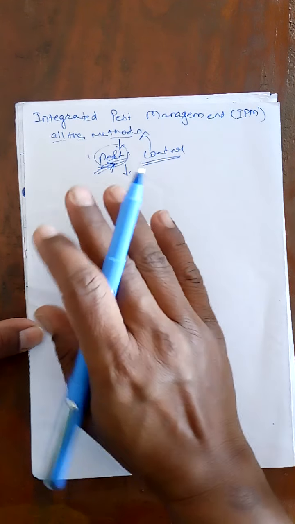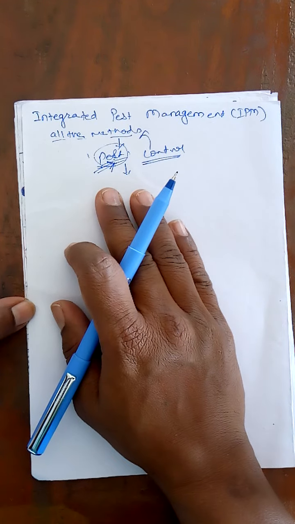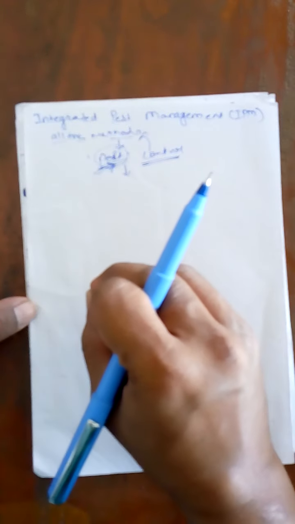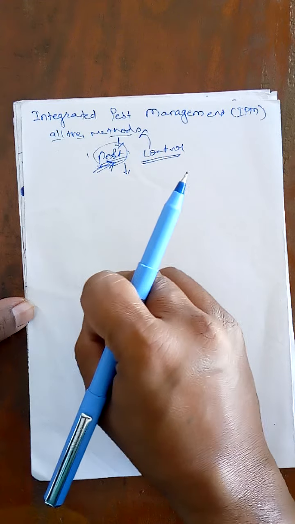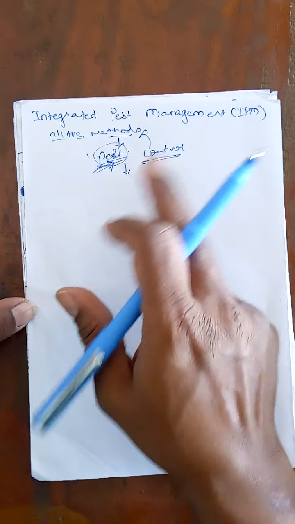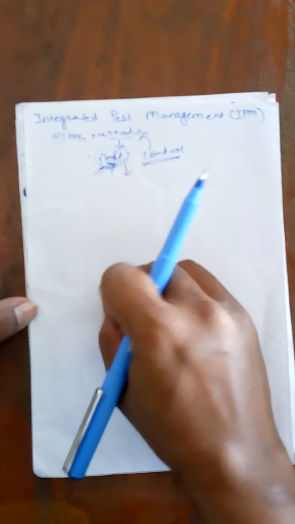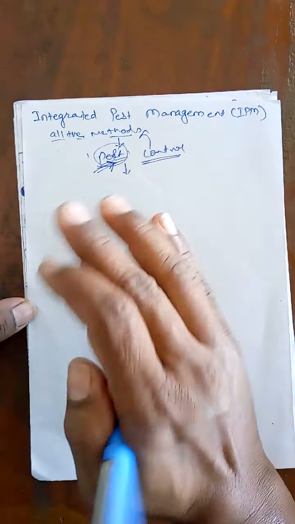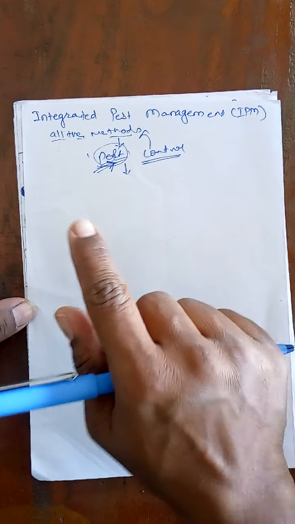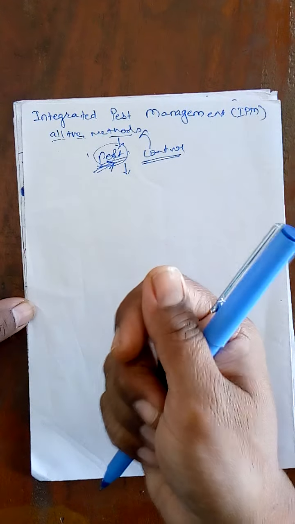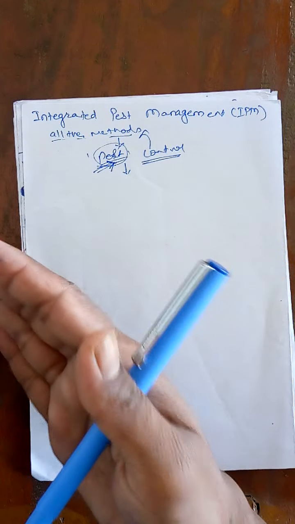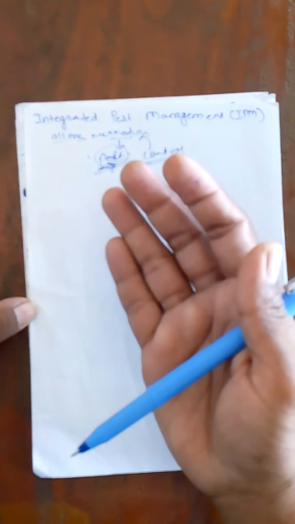So this method can be applied to the coordinated management of all pest populations in the agricultural sector, and we also use this IPM in the forest environment, to control the different types of pests. Because when we studied the different types of pests, we studied these two types: agricultural pest and forest pest.